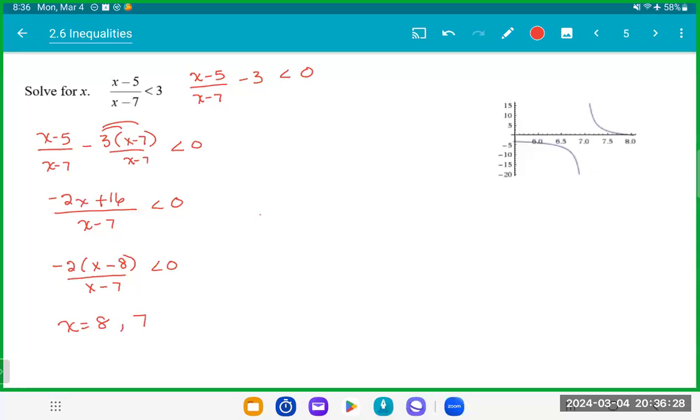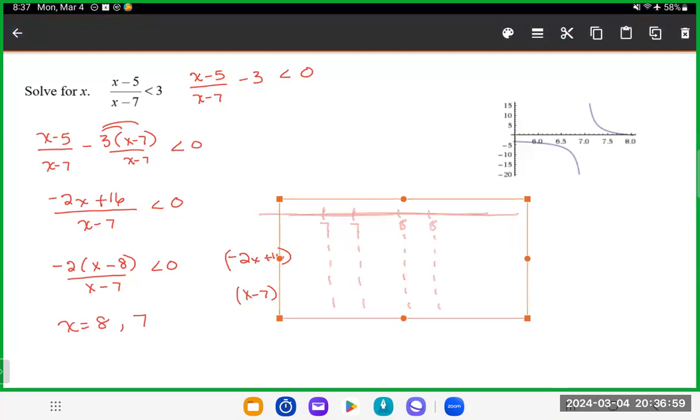So now we can build our, so it's 7 and 8. Okay. And so I'm going to go back to the negative 2x plus 16, right? For our numerator, and x minus 7 for our denominator.